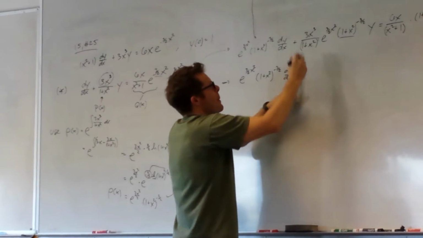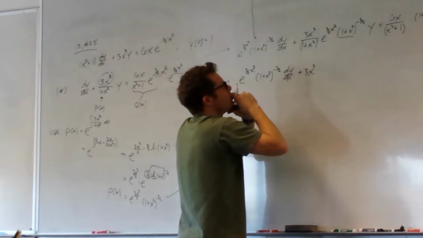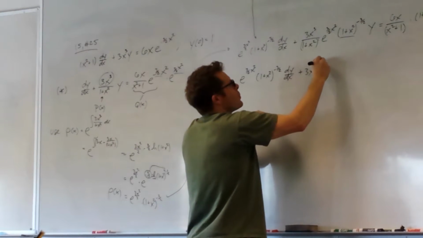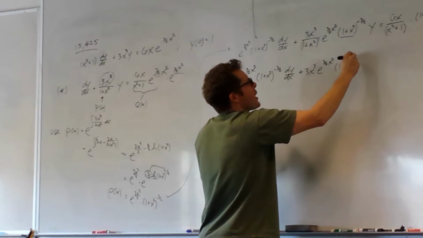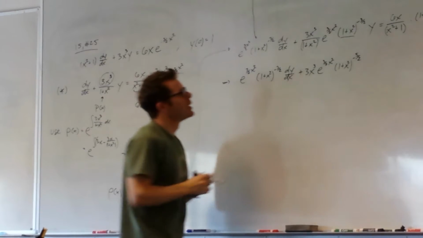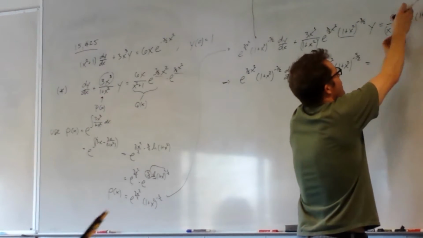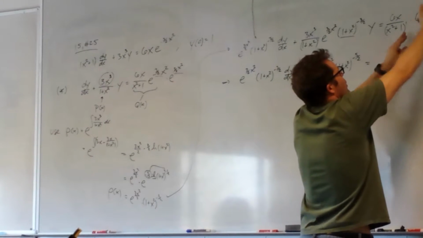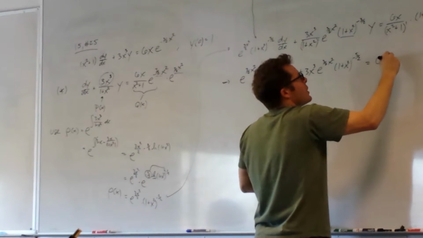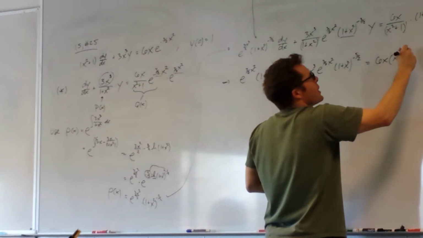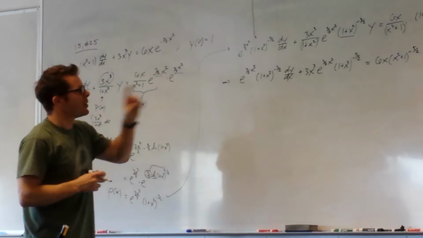And I'd have the 3x cubed, and it's going to be 1 plus x squared to the negative 5 halves. Equals, and on the right side, same thing, negative 3 halves minus that 1, because they're the same factors. This is 6x, x squared plus 1 to the negative 5 halves as well.